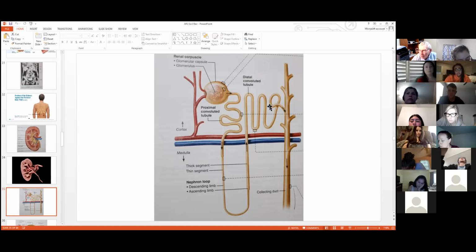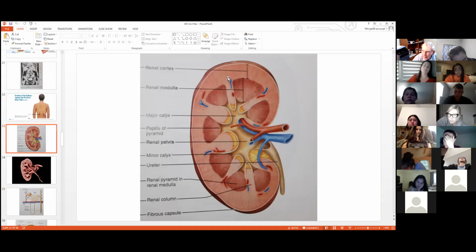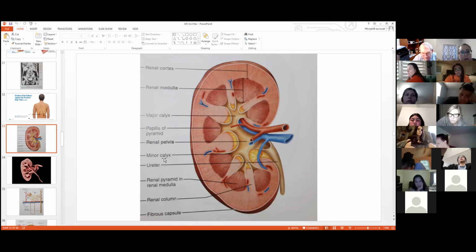The nephrons empty into the collecting duct. So the collecting duct is the second step for the passageway of urine. Now, the nephrons are here in this section of the kidney, so the collecting ducts are all going to drain down into these little passageways. Remember what these were called? This word, calyx. So from the collecting ducts, the urine goes into the calyx.